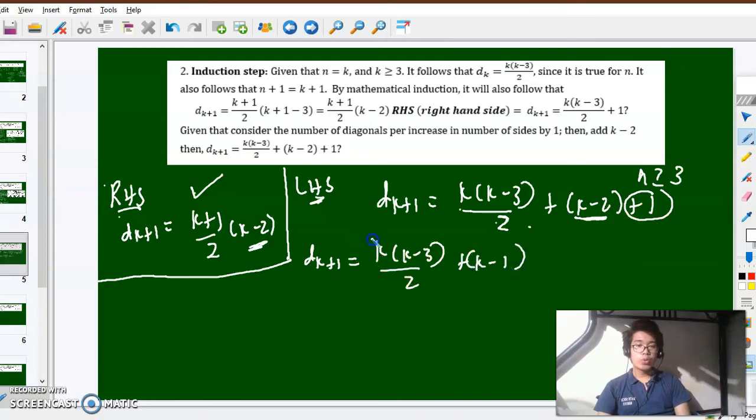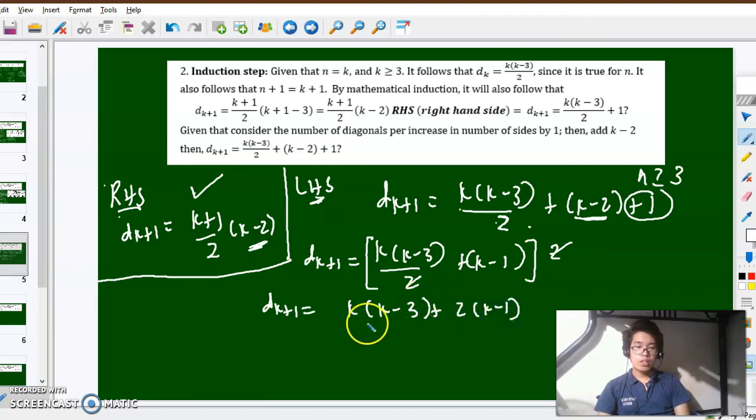So what we're going to do here is multiply this term by 2. This means this cancels out, and what we're left with is d sub k plus 1 is equal to k times k minus 3, plus 2k minus 1. Since we added that, there's still an over 2 for the entire term.